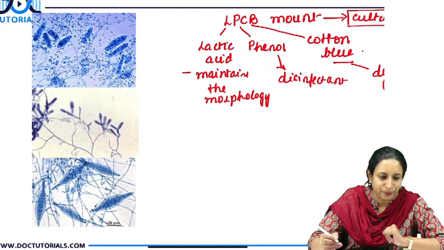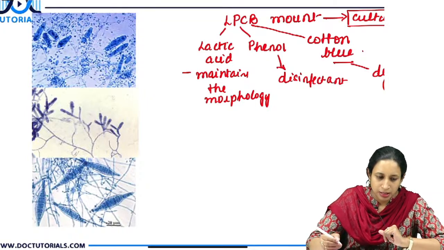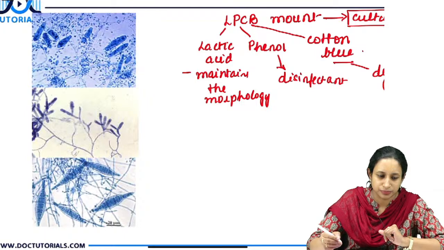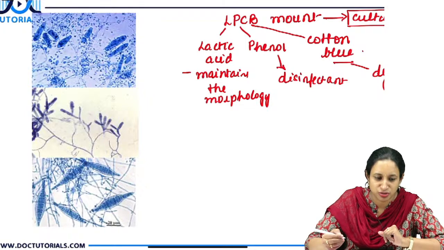Now, can you identify this particular image that you have, where you have multiple ones which you see? What are these images of? Can anybody tell me? Can you tell what exactly are we trying to show you in this image?